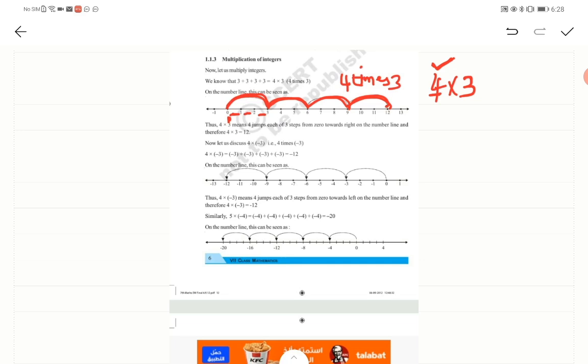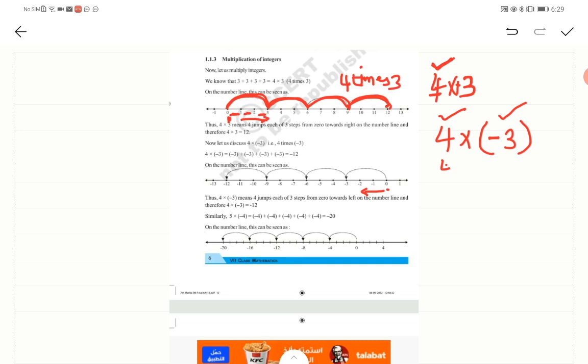Alright, students, suppose they ask you the equation 4 cross minus 3. How will you do this? Since it is minus 3, we are hopping 4 times with step 3, but here it should be on the left side. Since before it was plus 3, we hopped in the positive direction.